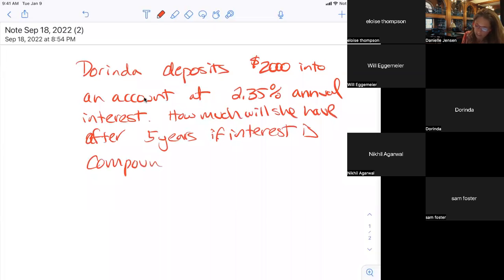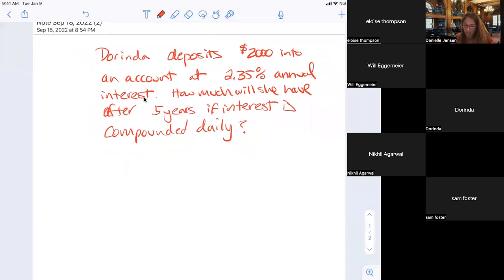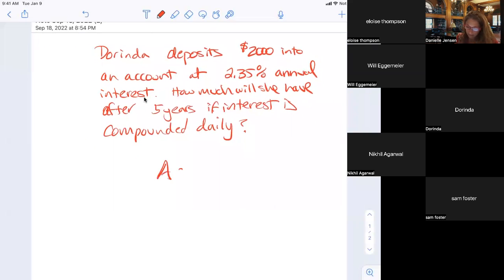Okay, so you see that and you realize, okay, I've got to use this formula. And the formula is this. And this is all that you'll have in terms of a formula. You just have to then know what the different pieces are and what you're solving for.